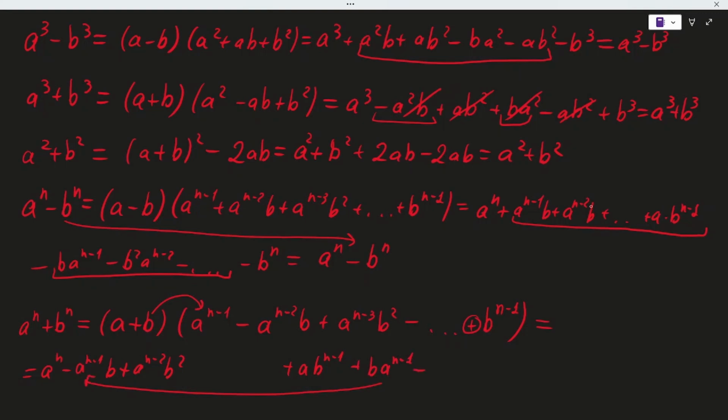Then the next one will be −aⁿ⁻²b². Clearly, this one also crosses out, and so on. The only terms left will be the last term and first term, which is exactly aⁿ + bⁿ. And we are done. Now we will see the examples of how to use them.